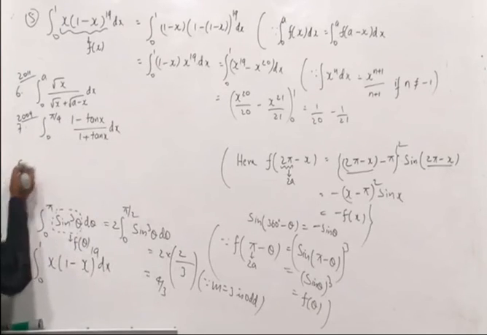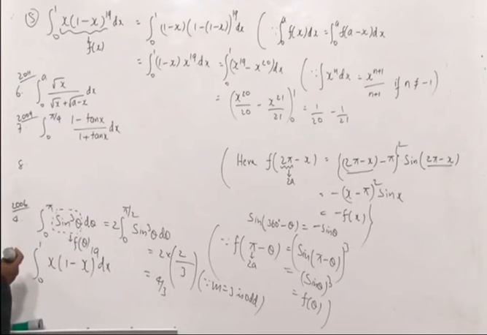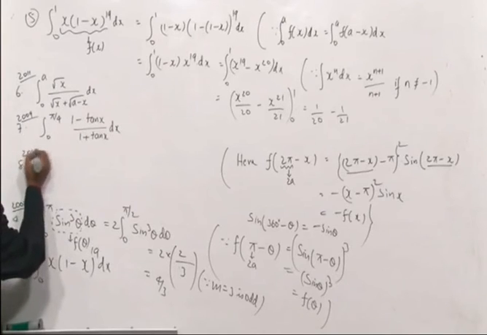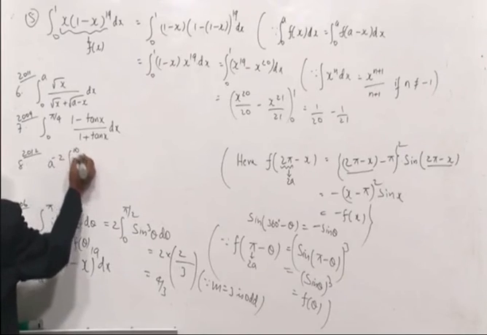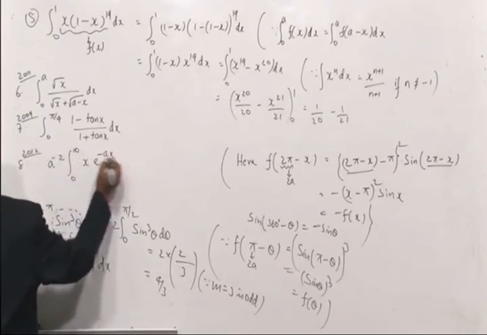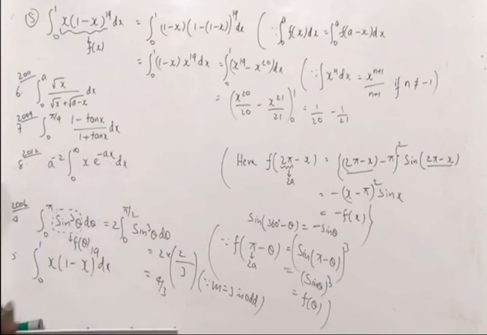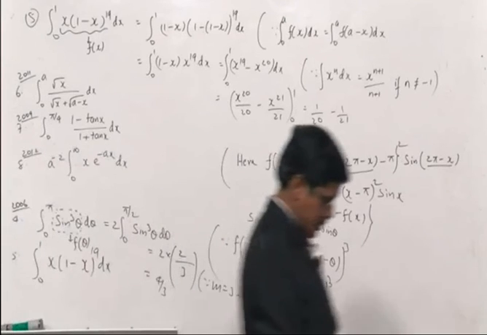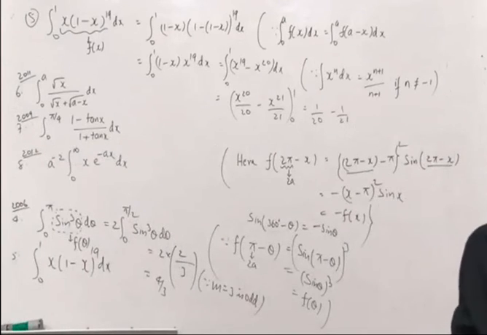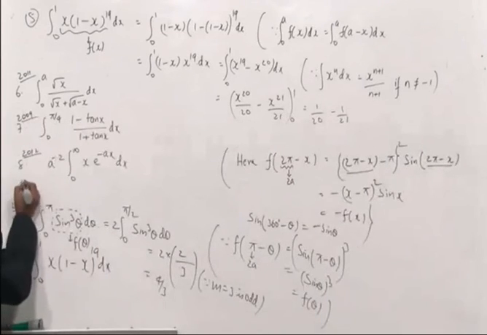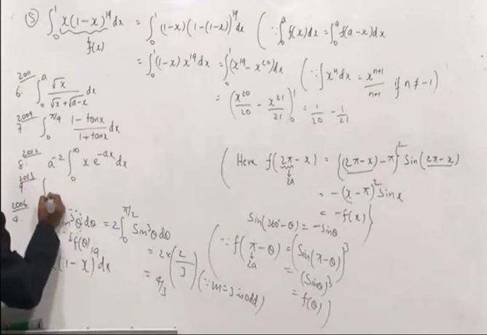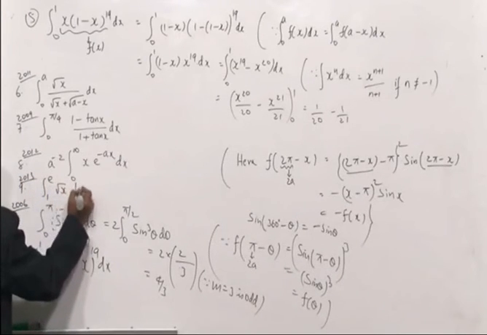Eighth one, 2012: a raised to minus 2, integral 0 to infinity of x into e raised to minus x dx. And 2013: integral 1 to e of square root x into ln x dx.